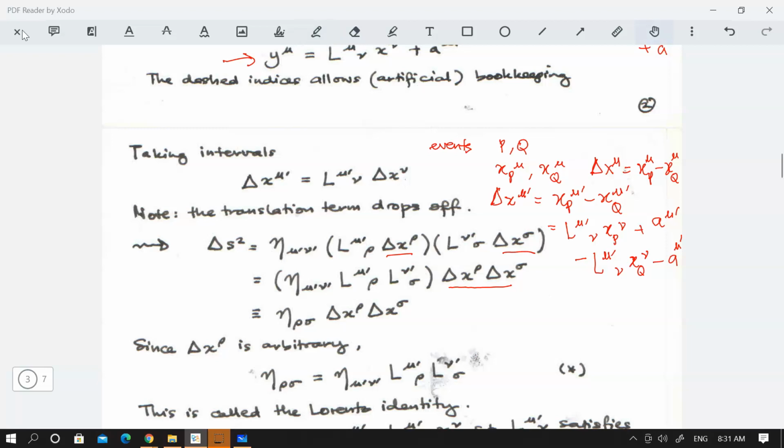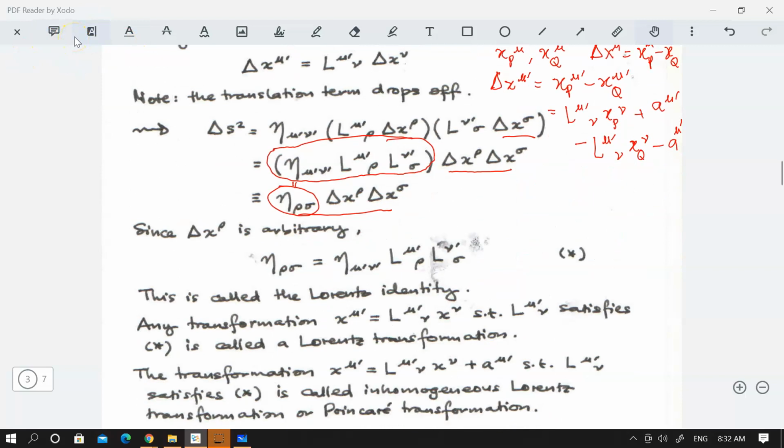But we also want this interval in the dash frame to be the same interval in the undashed frame. So in other words, it has to be given by this, η_ρσ Δx^ρ Δx^σ. So in other words, this thing must be equal to this thing.